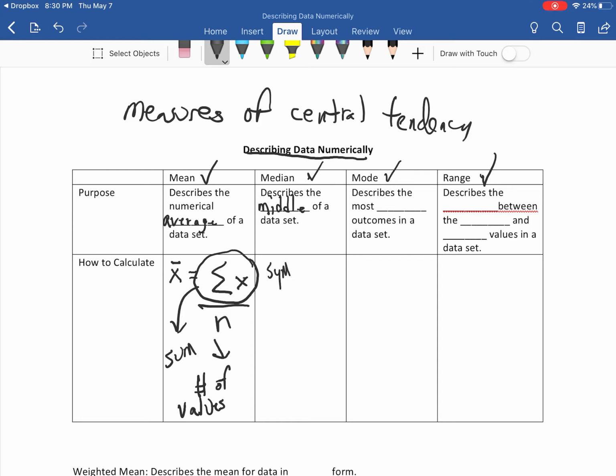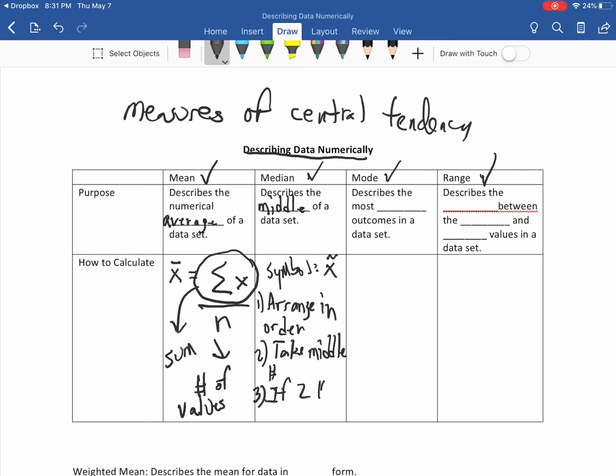For median, median describes the middle of a data set. A symbol for median is x with a squiggle over it. So to get the median, arrange the data in order. It can be either low to high or high to low, it really doesn't matter. And then take the middle number.